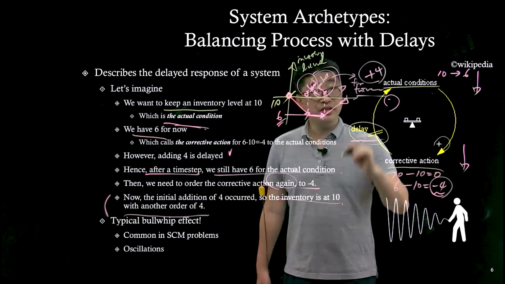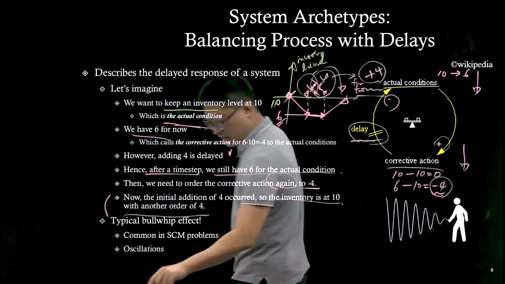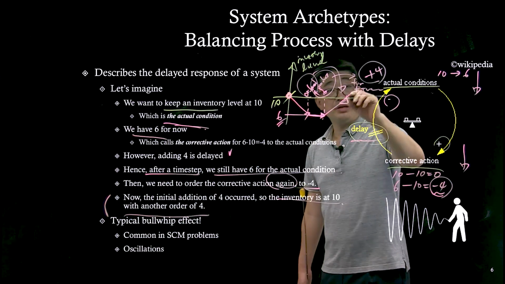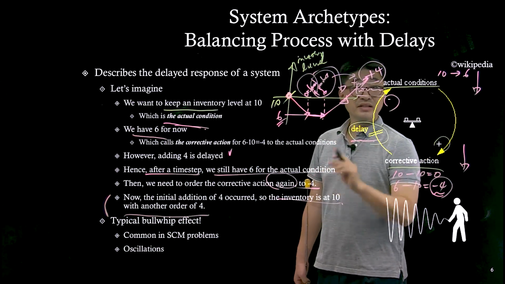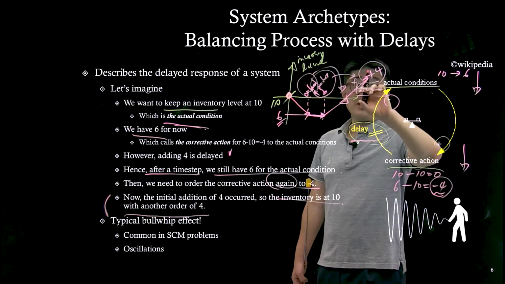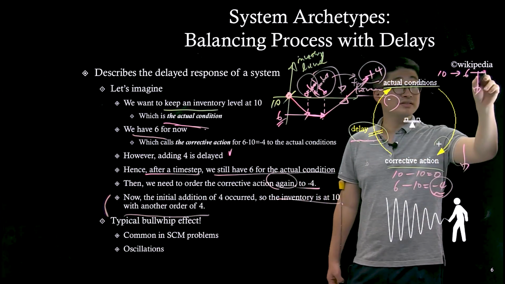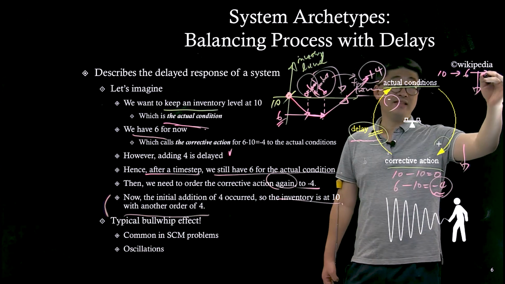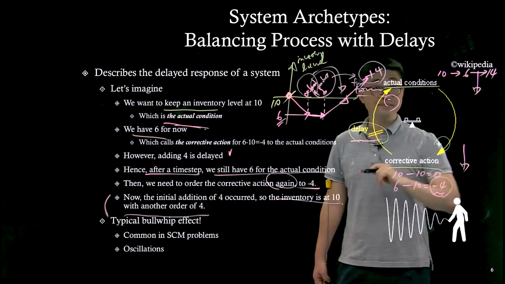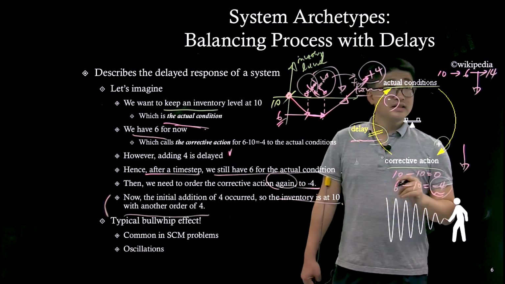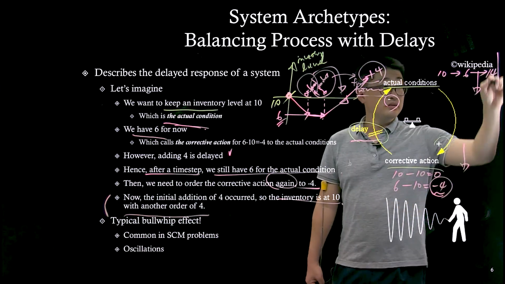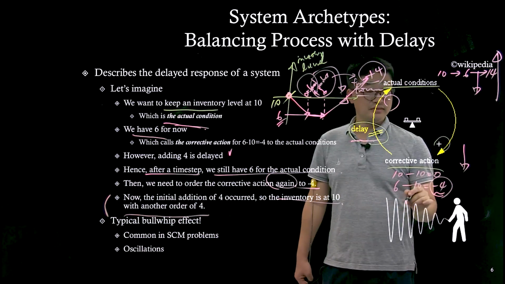Then eventually it will arrive, and the inventory level will go up. And it's too much, so we want to reduce the inventory level, all right? So 10 goes to, let's say, 14. Let's imagine that.